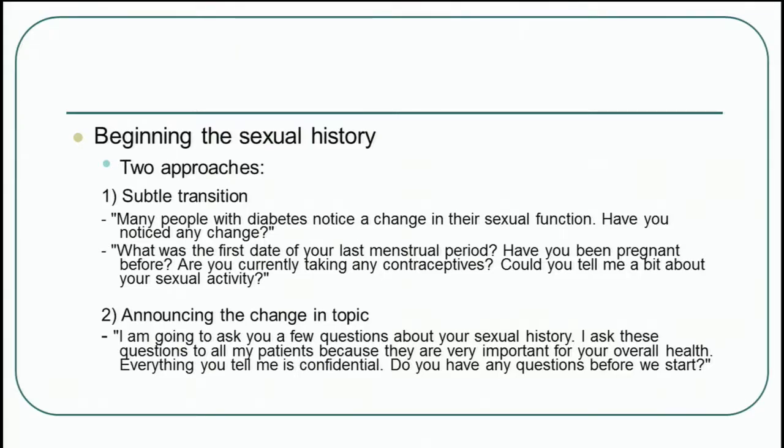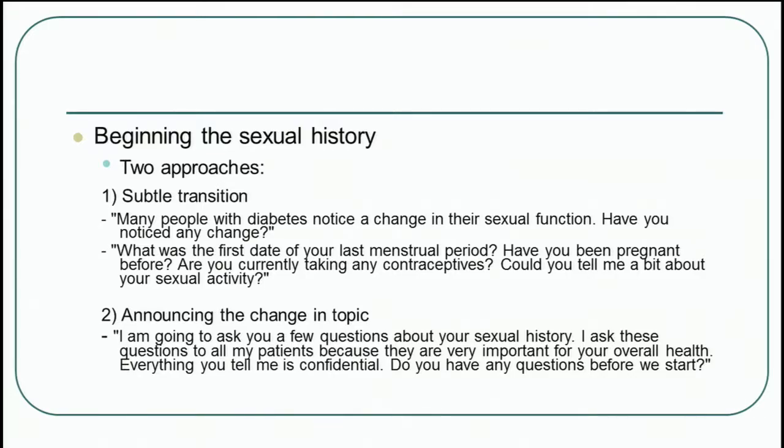There's an understandable flow to the ideas presented and to the topics. And we're talking first about menstruation, potential pregnancy, safe sex practices, and eventually sexual practices. So that's one approach, and that's the subtle approach, the subtle transition.